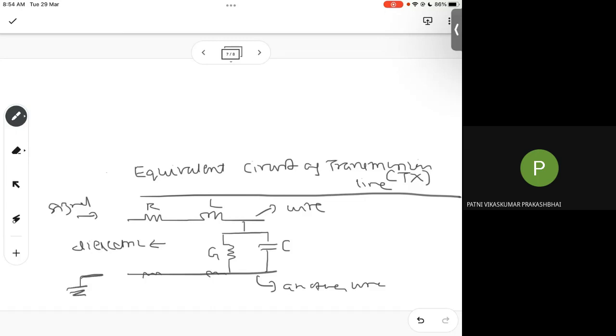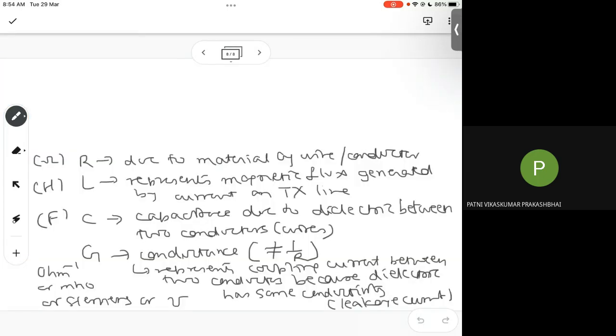Because this dielectric is not a perfect insulator, it has some finite conductivity of its own, and because of which there could be some leakage current from the upper wire to the lower wire, that means from the signal to the ground. This gives rise to what we call the conductance. So it is not equal to 1 by R. It is sort of a leakage current.